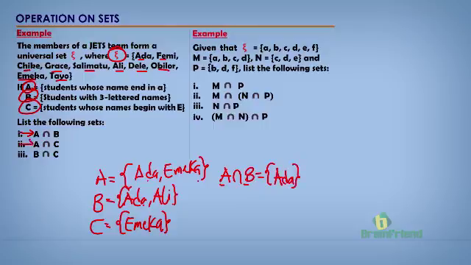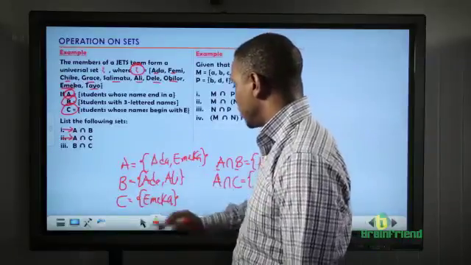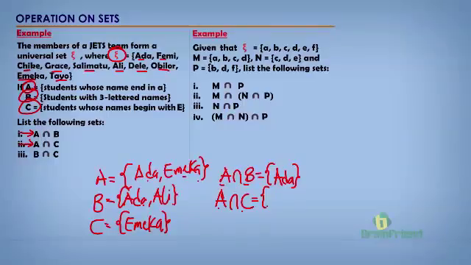Let's also find A intersection C. Again, we have a set whose elements are all common elements in A and C. Once again, if we did a quick observation, we'd notice that Emeka is the common element. So, A intersection C would give us a set with the element Emeka.